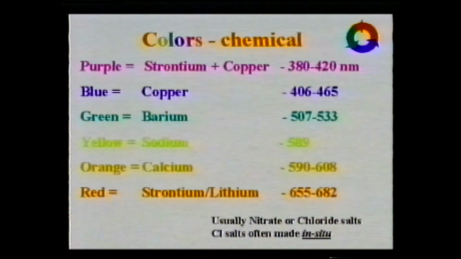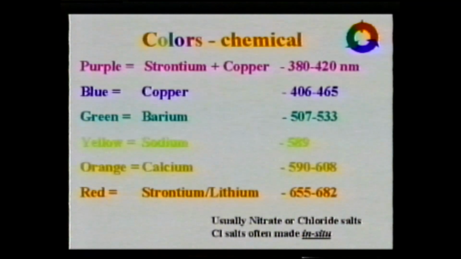Early chemists determined that certain materials would generate colors when exposed to a flame. This is our classic flame test that most of us learned in high school chemistry. For example, if we put a sodium salt into a flame, it produces a yellow color. Similarly, barium will produce green, copper will produce blue, and strontium or lithium will give you a red color.